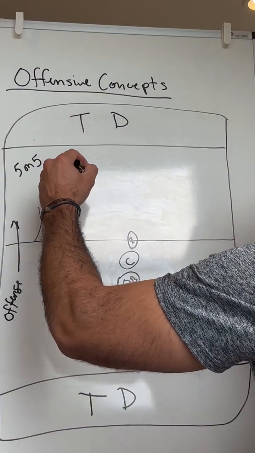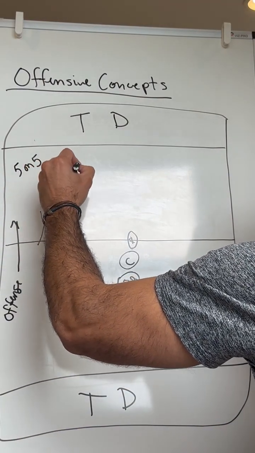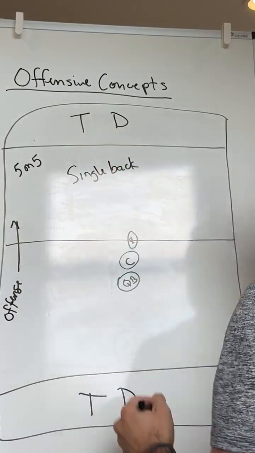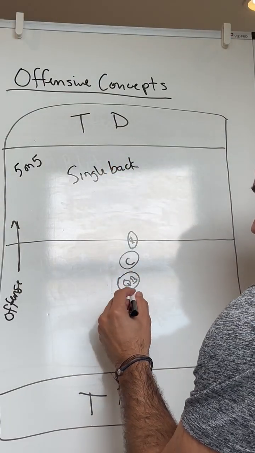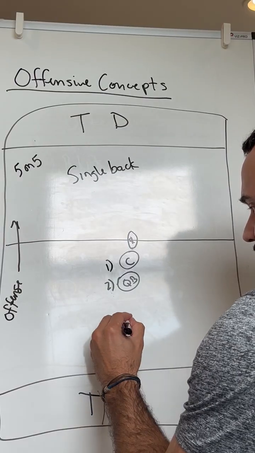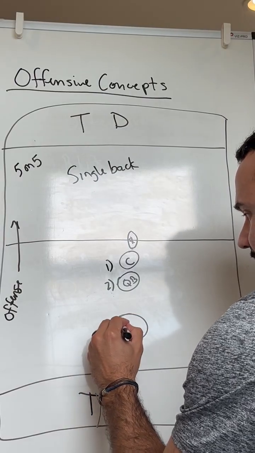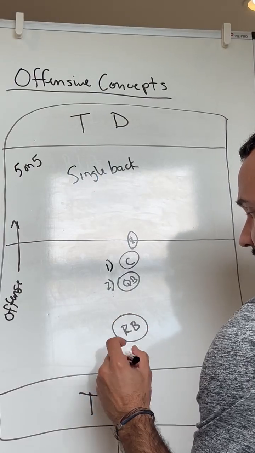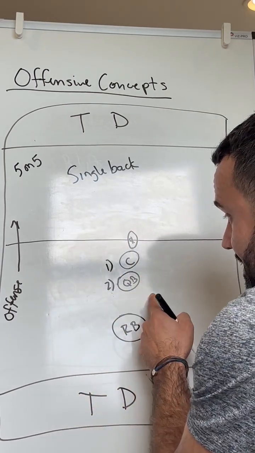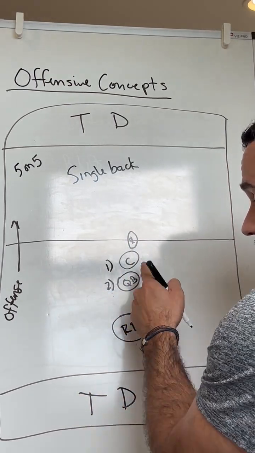The first word that we're going to use is single back. Single back means, again, this is always the same, 1, 2: single meaning 1, back meaning running back. So center, quarterback, always there.